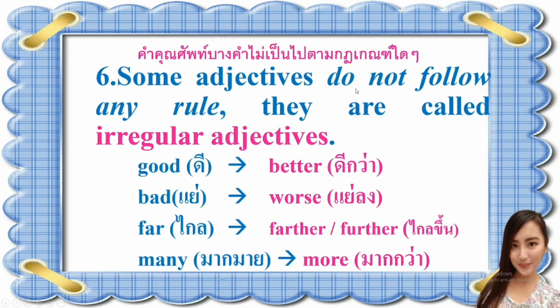Example: good, better; bad, worse; far, we have two, farther and further; many, more. So these adjectives are irregular adjectives.